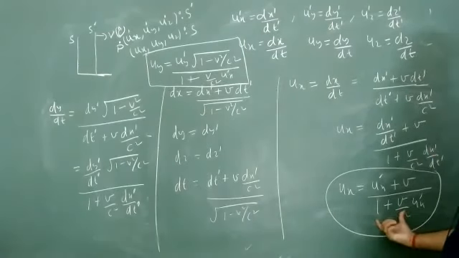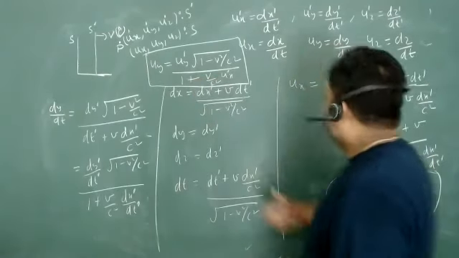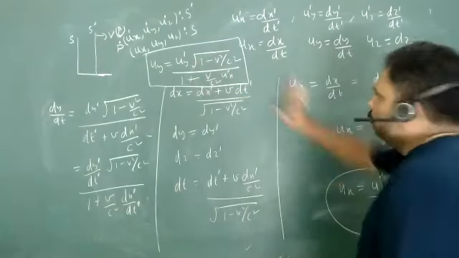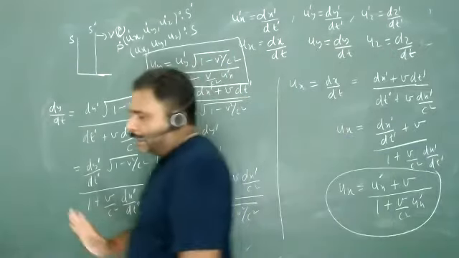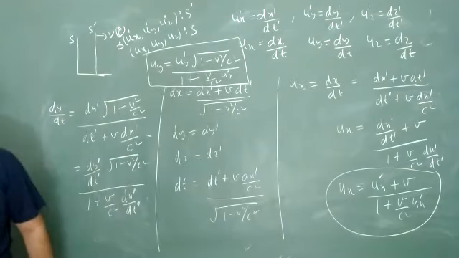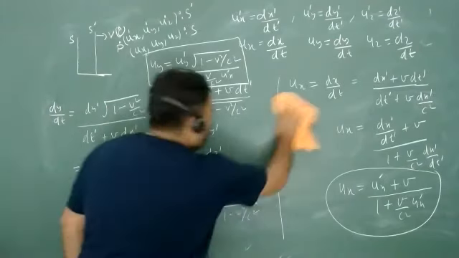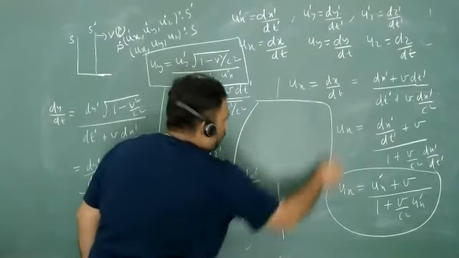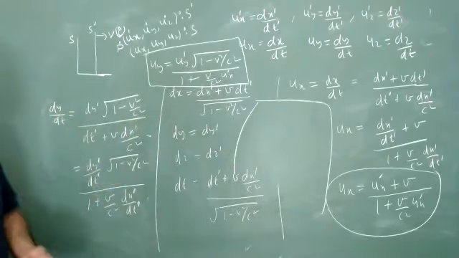Now look at here. This denominator part is exactly the same in uy also, but the numerator is going to change. Now look at these two things. Without deriving, can you write for uz? Without any derivation, can you write for uz?